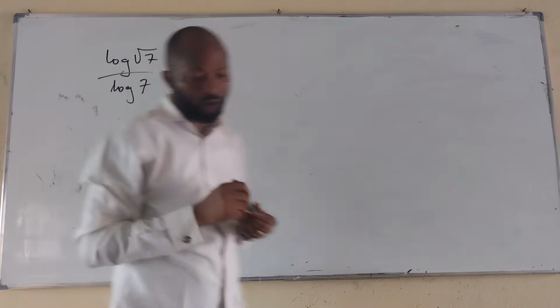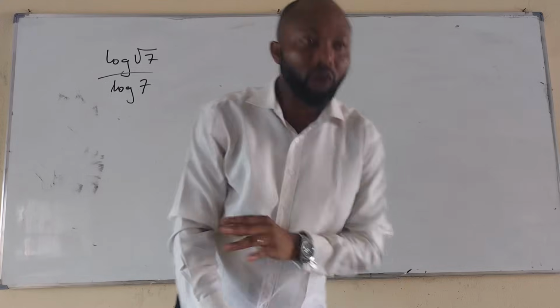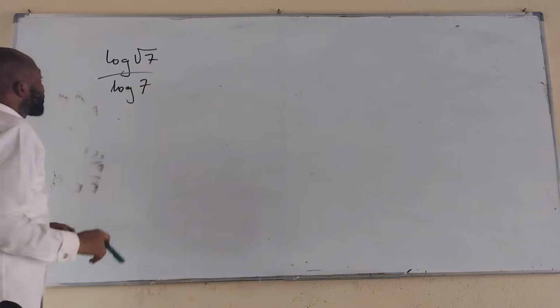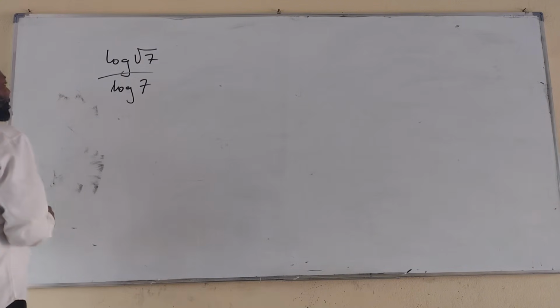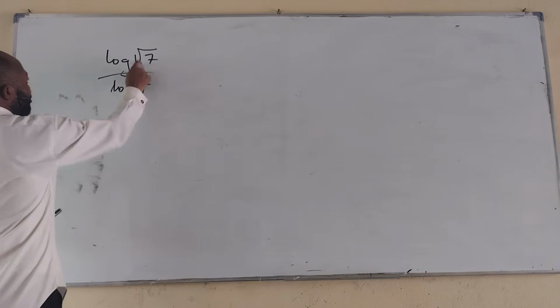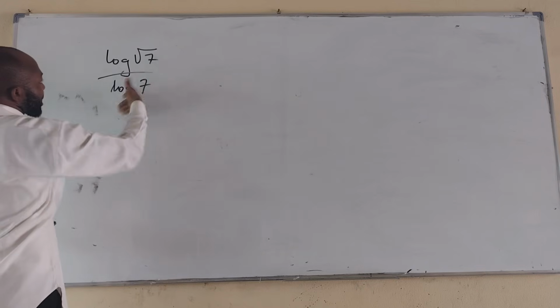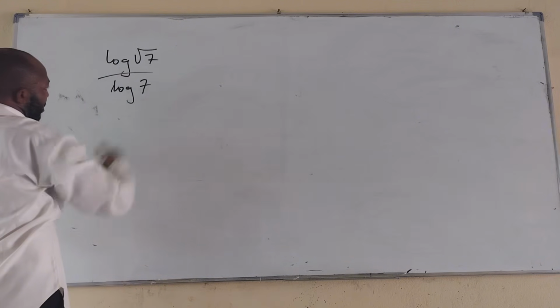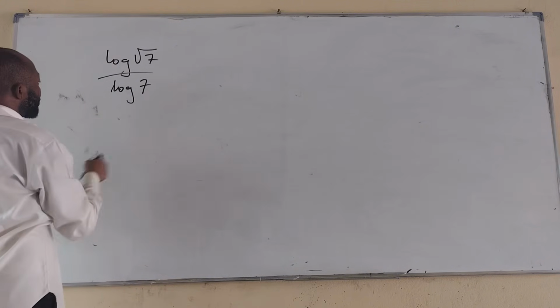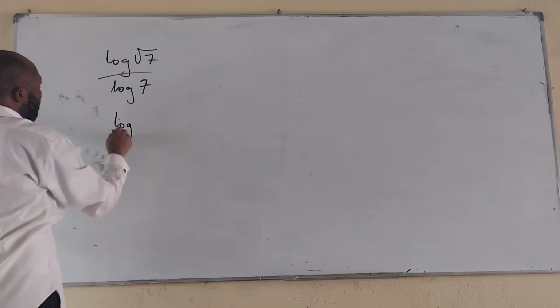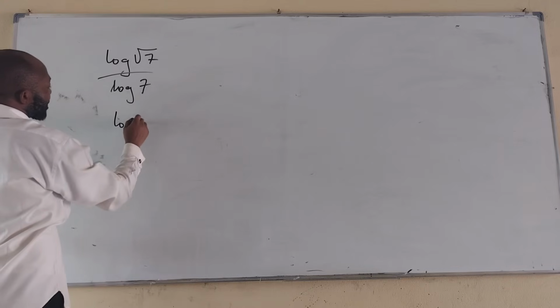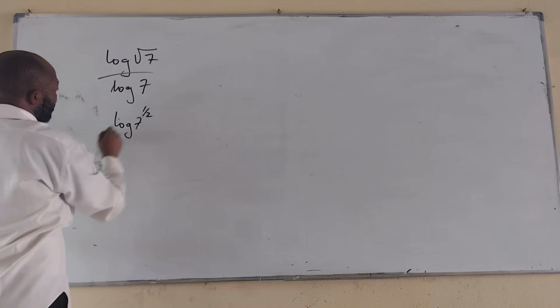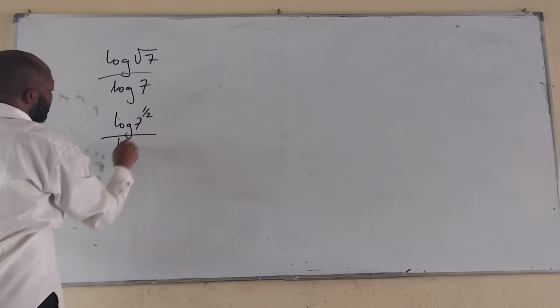Let me be sure what I said. So here, we're almost having the same thing, but the only difference is this root. Even though we could have just cancelled them, since both are log 7, and we would have our 1, because of this root we still know from Power's law that log root 7 is the same as log 7 raised to the power 1 over 2, over log 7.